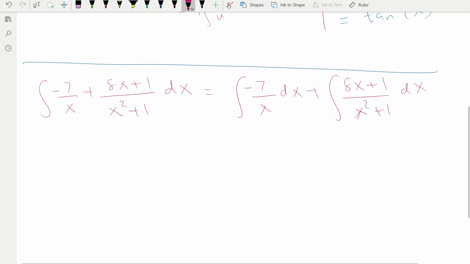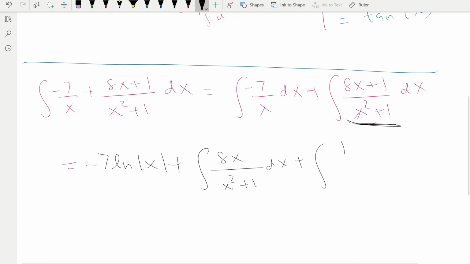We knew the integral of -7 over x is -7 natural log absolute value of x, plus now what we did here is we split the rational function. We said that it's 8x over x square plus 1 dx plus 1 over x square plus 1 dx.